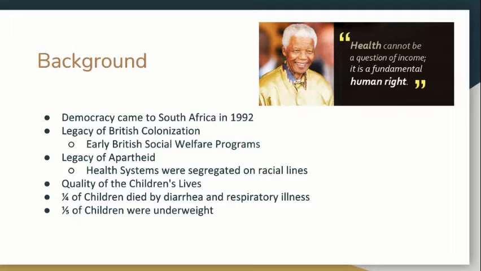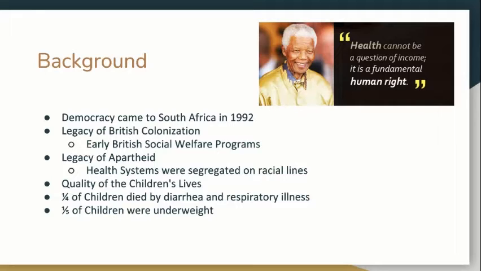And then again, we have to look at the legacy of apartheid, which is very important when looking at the story of South Africa, because the apartheid government was segregating South Africa on racial lines. This is pretty much a pre-civil rights America type of system. Health systems were segregated on racial lines.